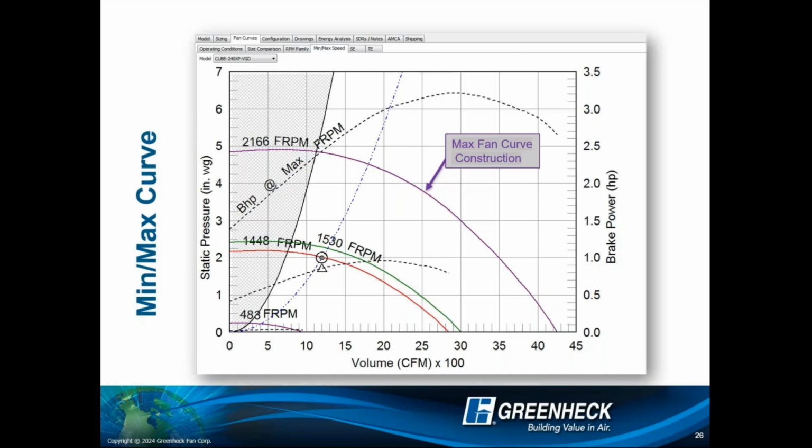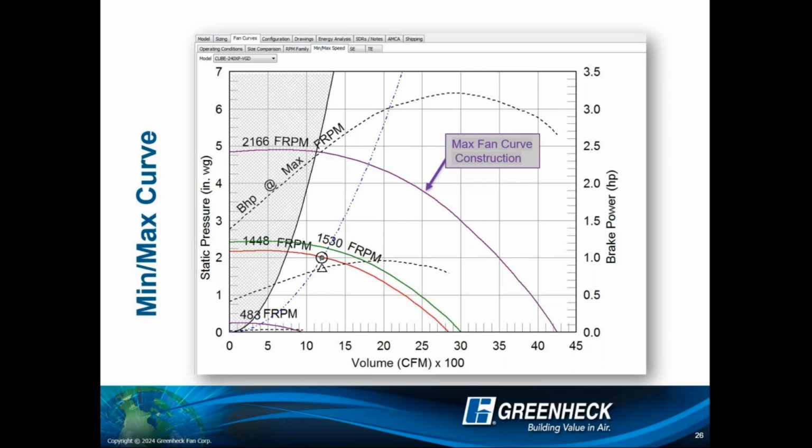This is just a rough idea of how far down you can go. But that top purple line, that is, through testing the fan characteristics or through the largest motor that can fit on this fan, this 2166 fan RPM, that's the fastest that fan can go, right?